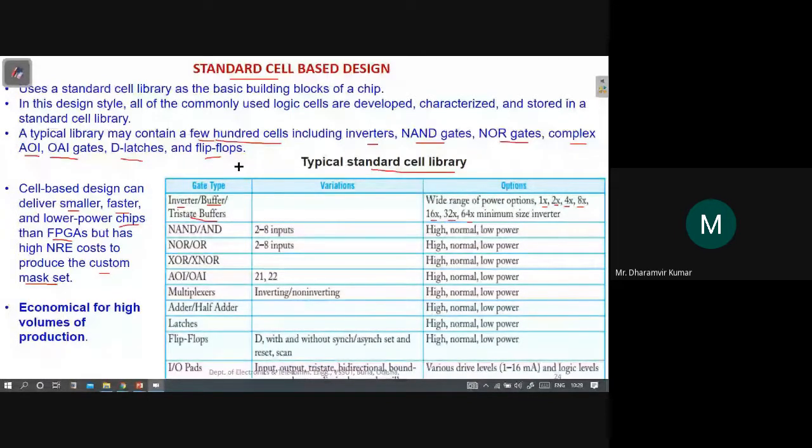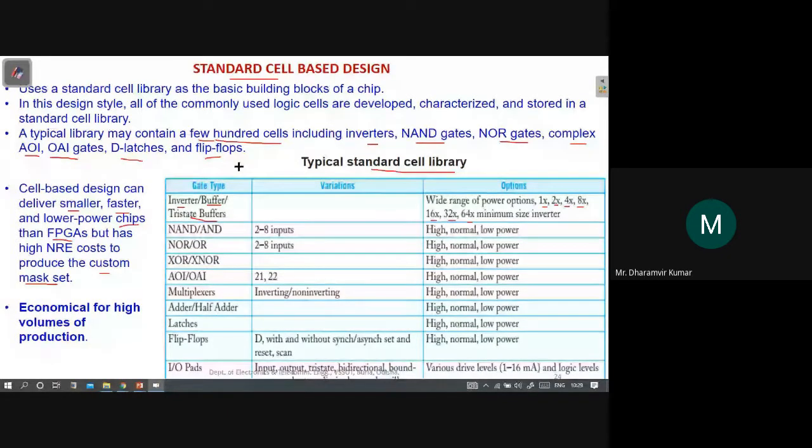But in the case of a full custom design approach, since you are building the library also, you have the opportunity to design to maximize the performance of the cells also. But here, whatever performance is given by the library cells, you'll have to live with that.